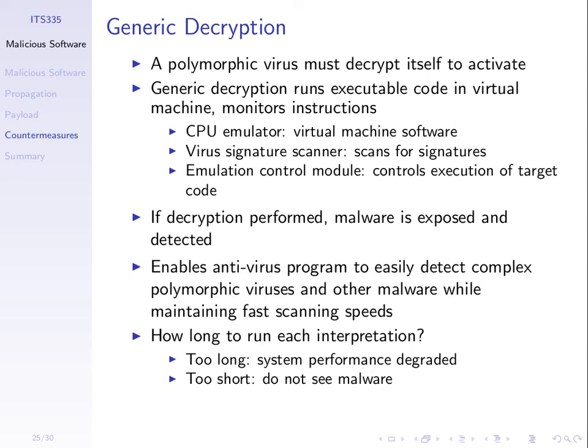But how long does it run it for to detect if it's malicious? Because that file may only do a malicious action after some period of time. So if you run it for too long, then it means you have to wait a long time and it degrades the performance of the system. If you only run it for a millisecond, then you may not see the malicious events taking place.